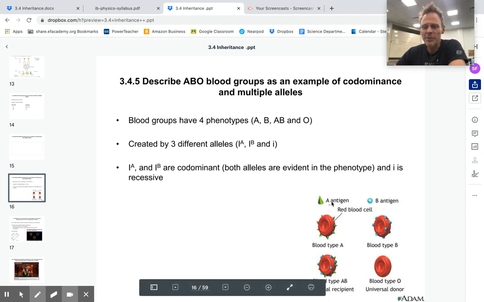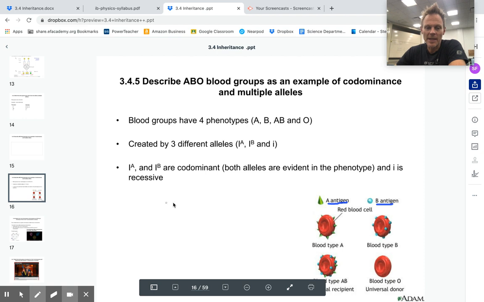But that represents the protein A, or sometimes they call it A antigen. These little blue ones for blood type B are the blue antigens. Blood type AB has both of them, the little green ones and the blue ones. And then blood type O, there's no proteins. So that's what the A's and the B's and the O's mean.